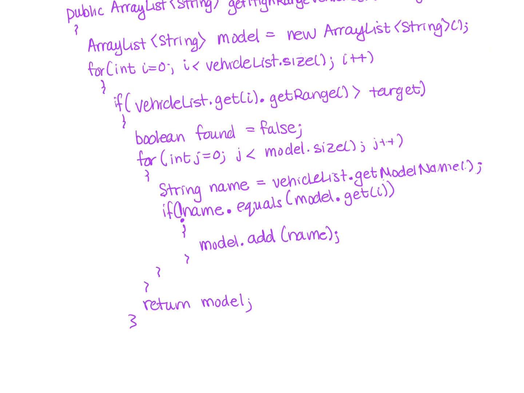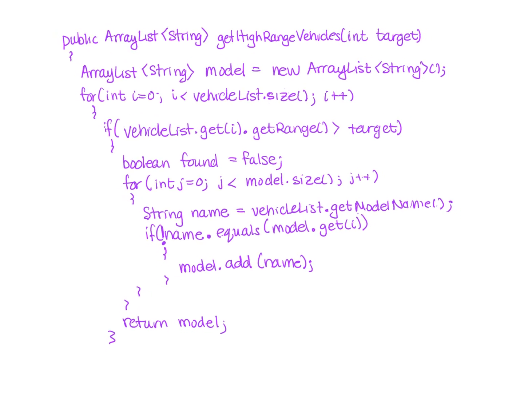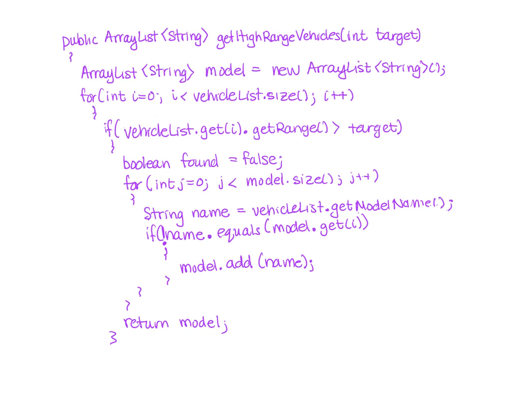Okay, this is written with the regular for loops. The first thing you would have to do is exactly the same as the other method: start by making your new ArrayList. Here's our new ArrayList of type String, called model. We traverse the vehicleList and make sure the range is bigger than the target.